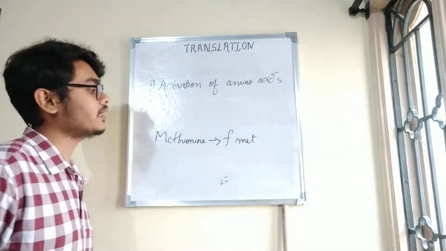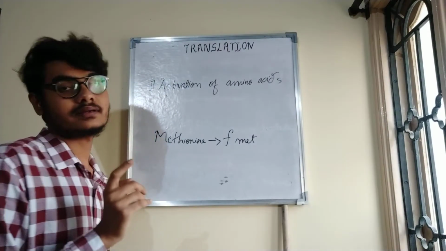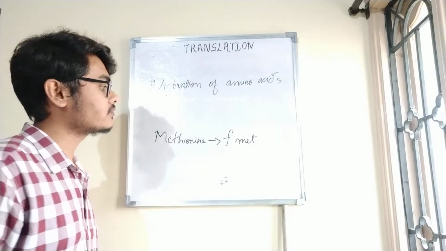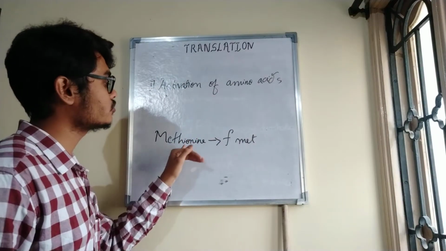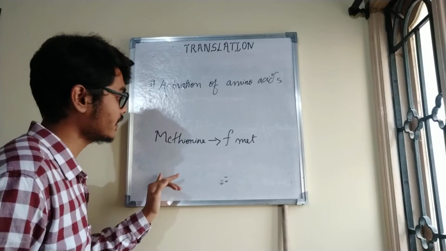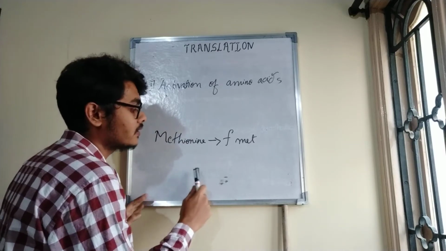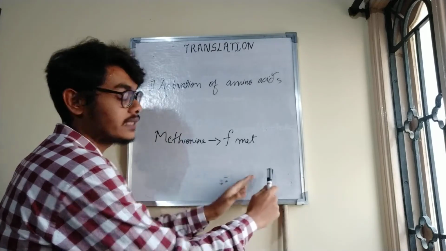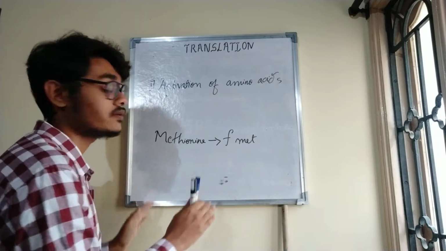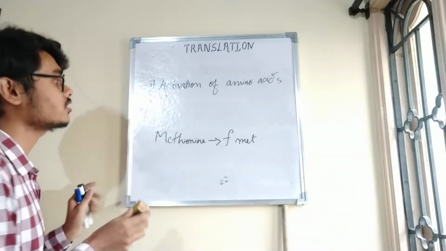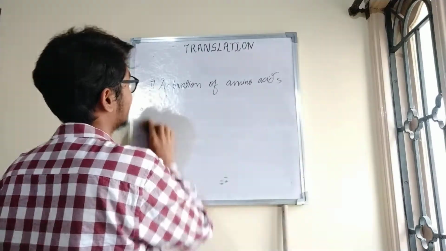The first code, AUG, the start codon, is there, right? So methionine codes for that. So we write this as FMet, not like amino acid adenosine monophosphate with that enzyme. That's not the way we write this. This is one exception case. So this is all about activation of amino acid.